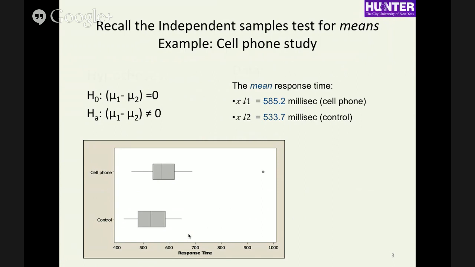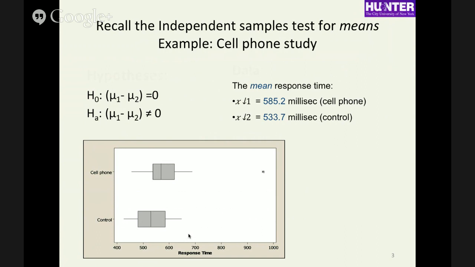Recall the cell phone study from last class when we were doing the independent samples t-test. So not the one where they were paired, but where they were unpaired. In this study, we had two groups. We had a control group, which had no cell phone, and then a comparison group where people were talking on a cell phone.